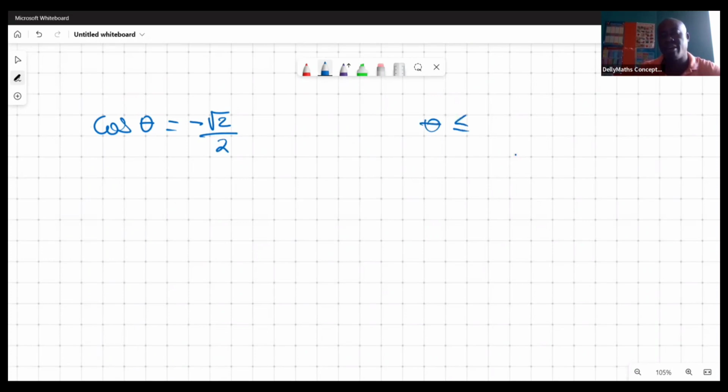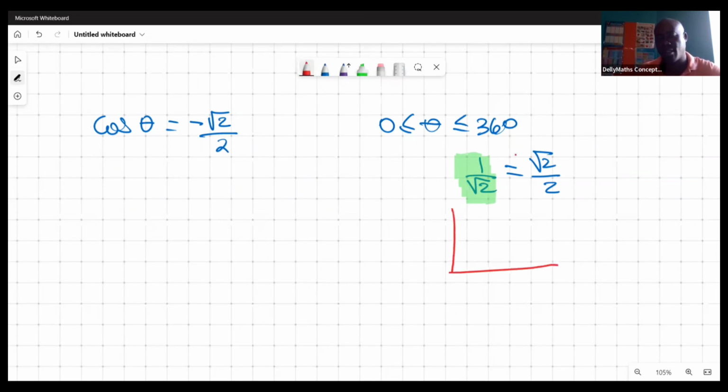What if we have the cos of theta equal to negative root 2 over 2, where theta is less than or equal to 360 but greater than or equal to 0? Again, we want to look at our special triangles, but we want to remember that 1 over root 2 is the same thing as root 2 over 2. So I'm going to focus on a triangle that has root 2 in it, and that is my 45, 45 triangle.